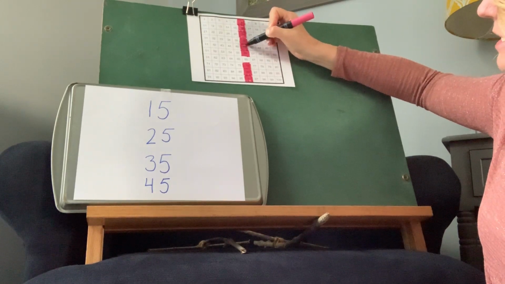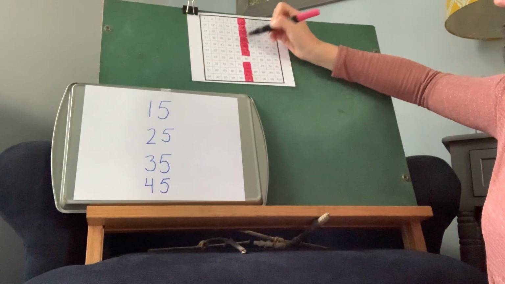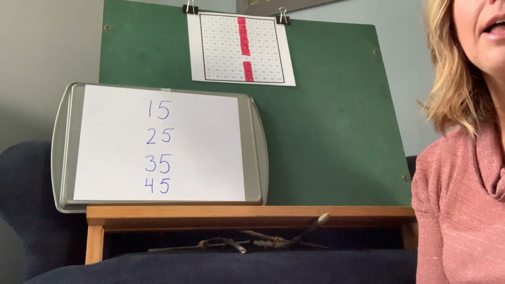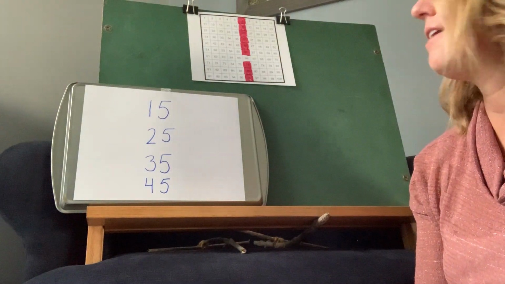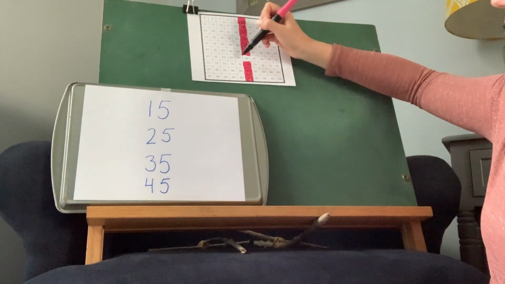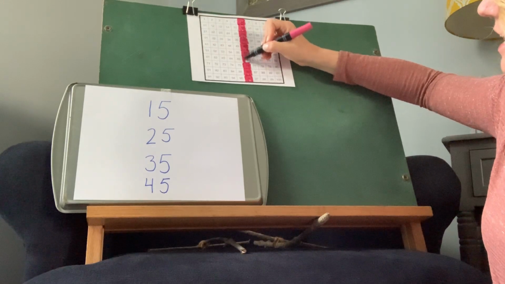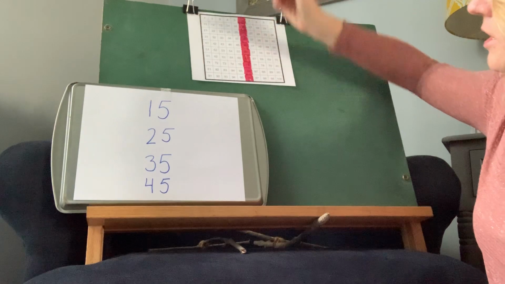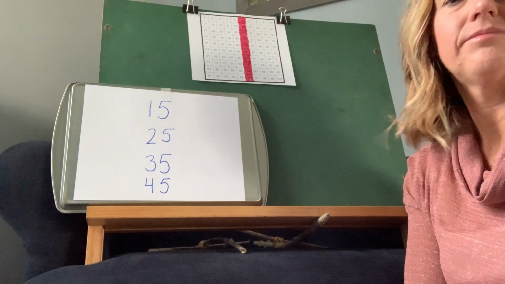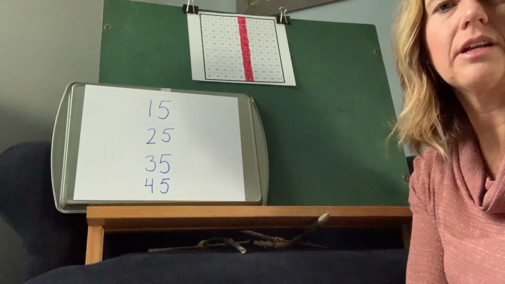I bet you're coloring neater than me. Color in the number that is after 65. 65. Oh, 66 has two 6s. Okay, that made a line. That doesn't look like a picture of anything.